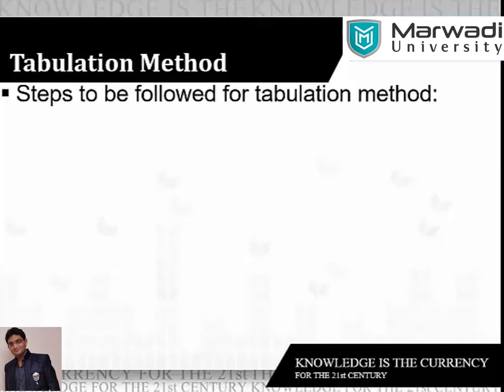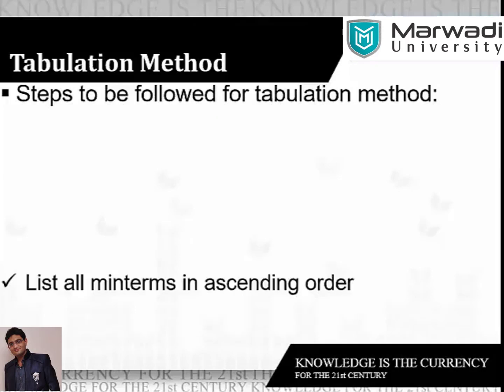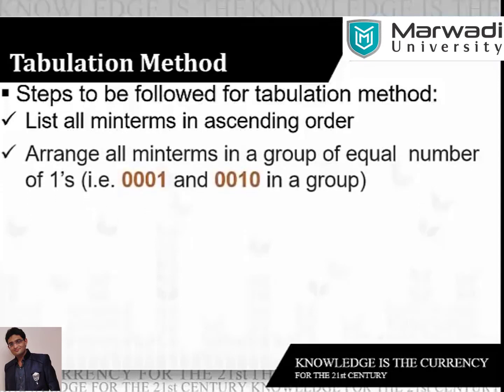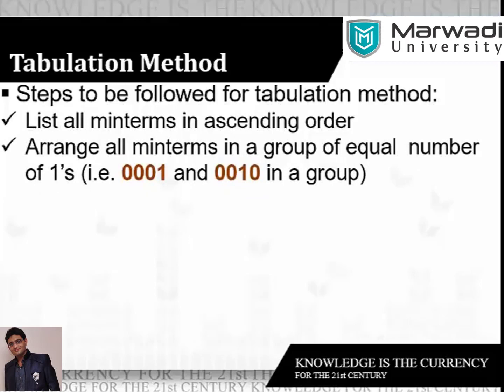The steps to be followed for carrying out the tabulation method. The first thing is to list all the minterms in ascending order. The second thing is to arrange all the minterms in such a manner that each group comprises an equal number of ones.